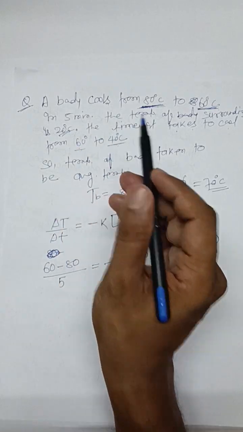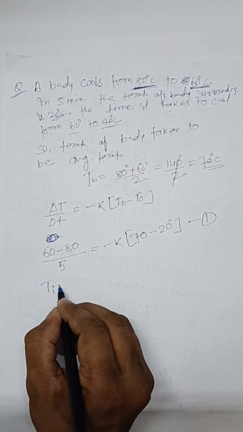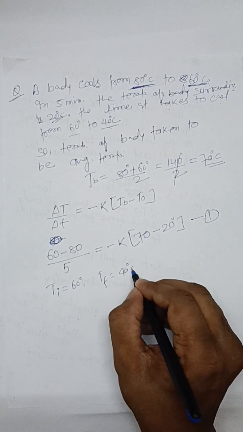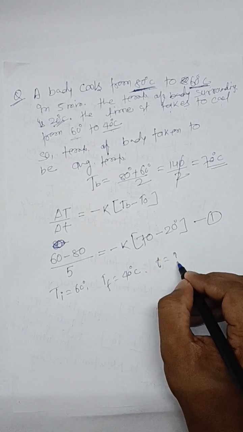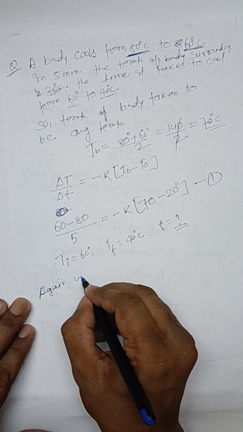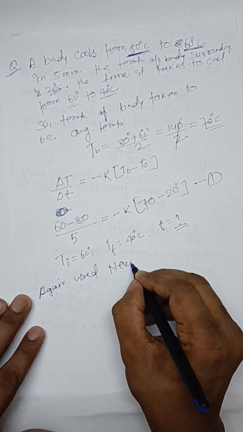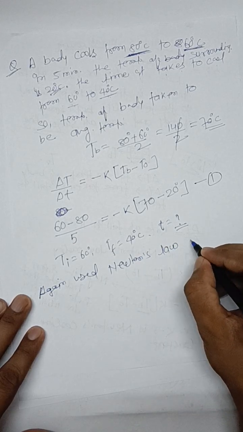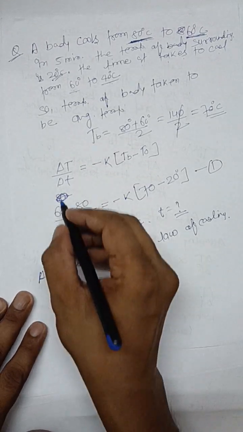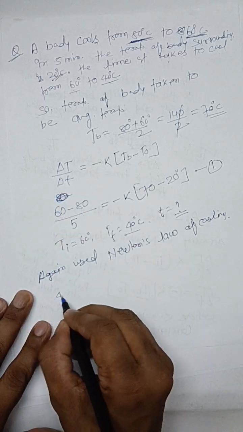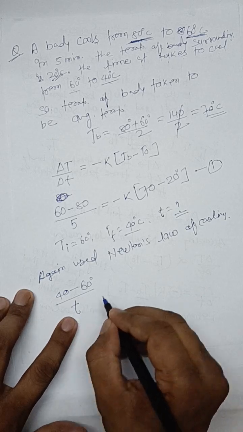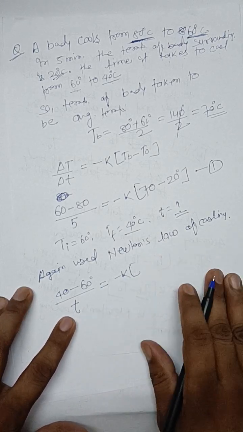Again using Newton's law of cooling, del T, final temperature 40 minus initial temperature 60, by t, equals minus K times the temperature of the body.